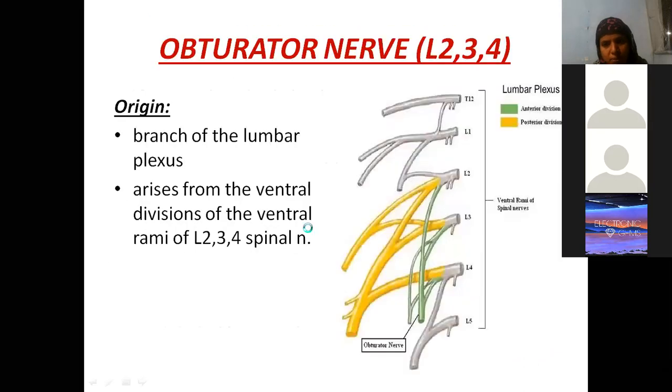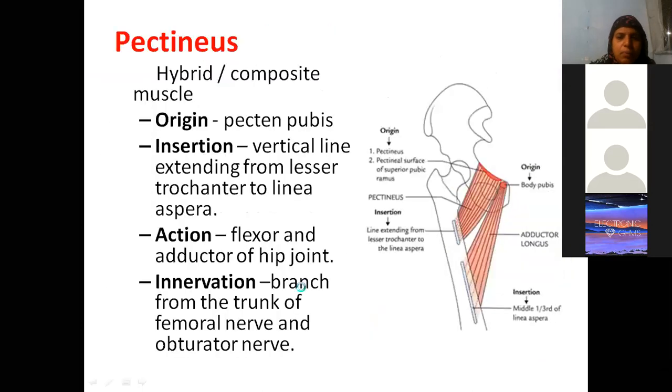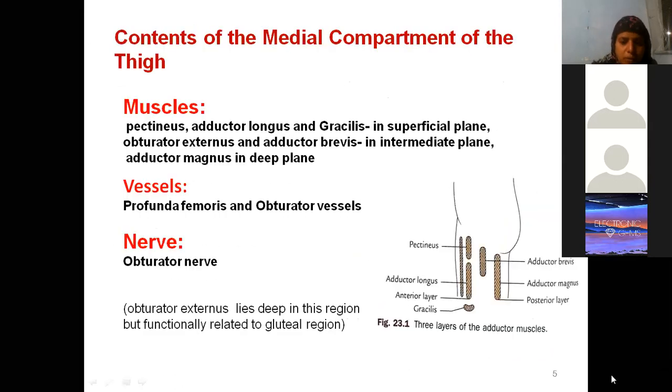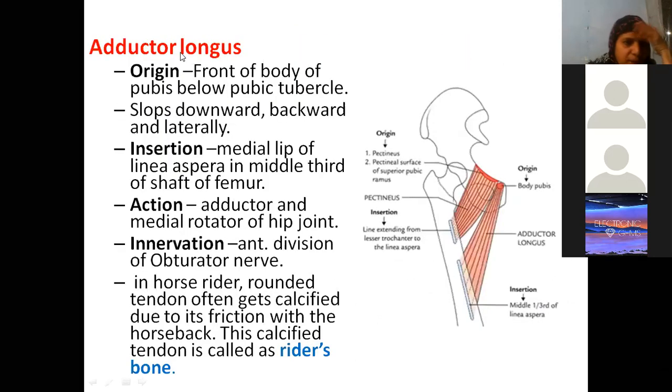I'm just checking if that picture is there so that you can recollect easily. Okay, it's not there. So, as Imad is telling, origin is the front of the body of pubis below the pubic tubercle.